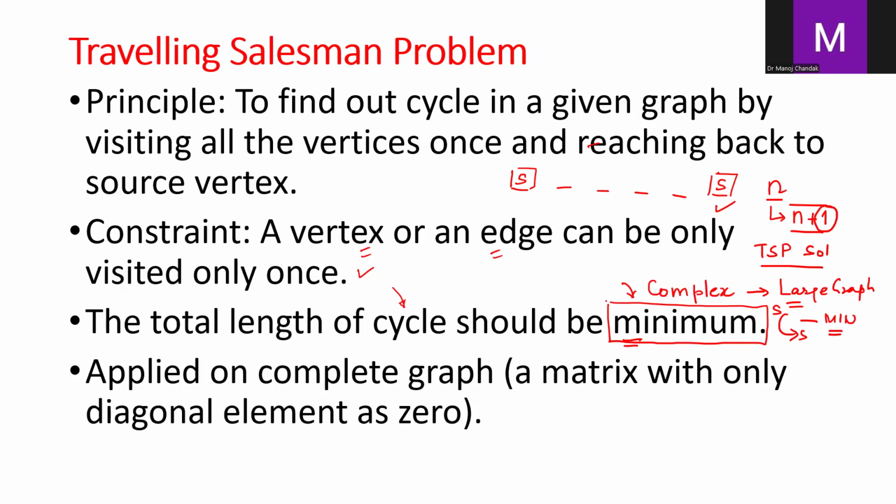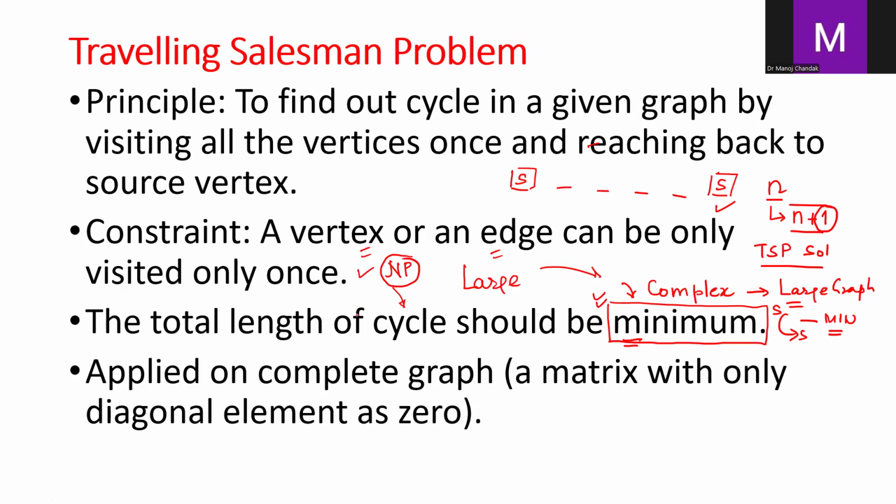So there is a selection with some constraint. Whenever this happens, any problem with a large input gets converted into a complex problem and may be categorized in the non-deterministic polynomial time algorithms.